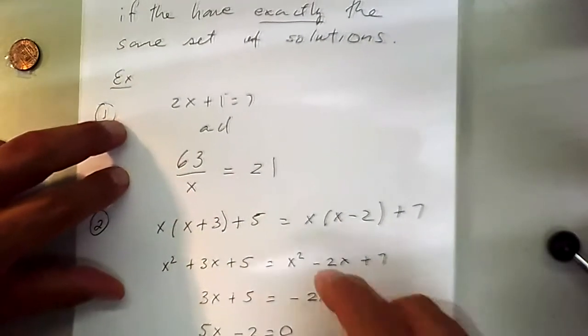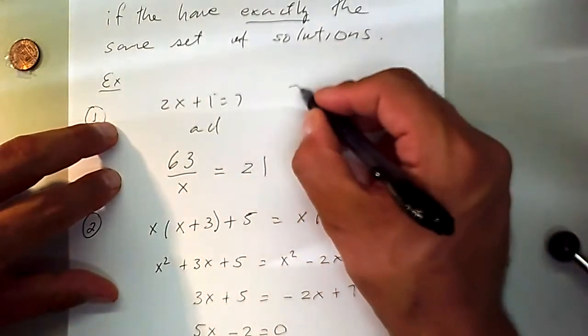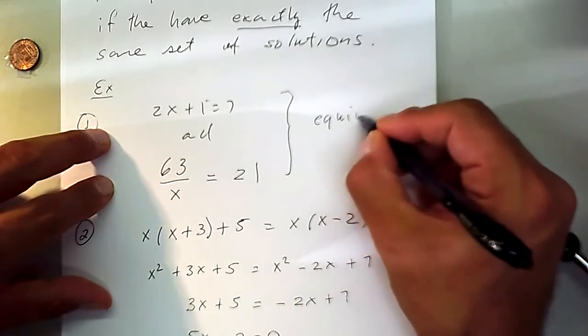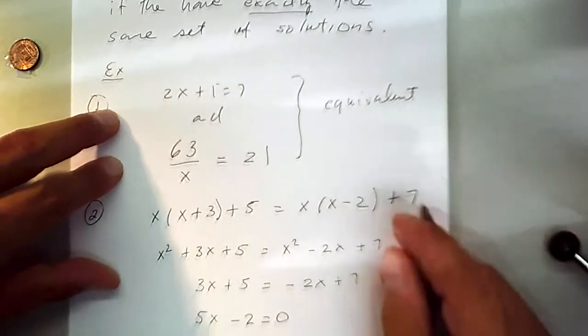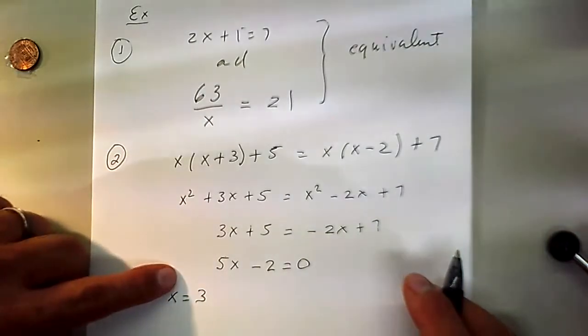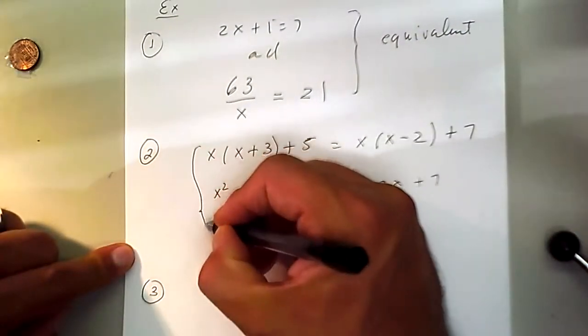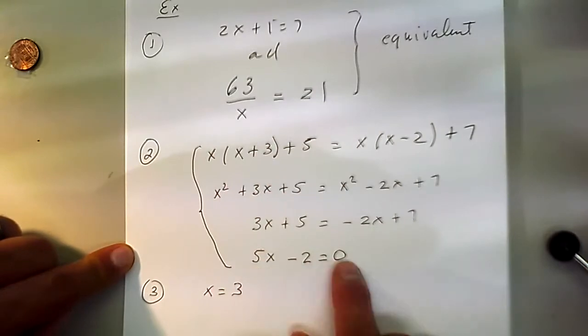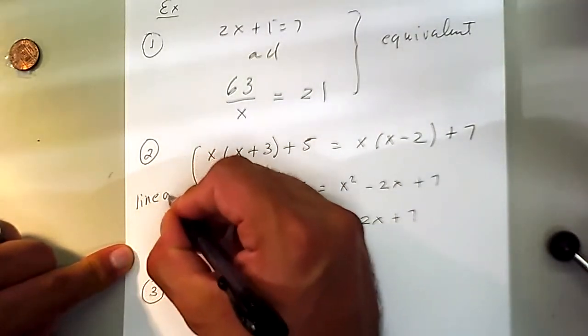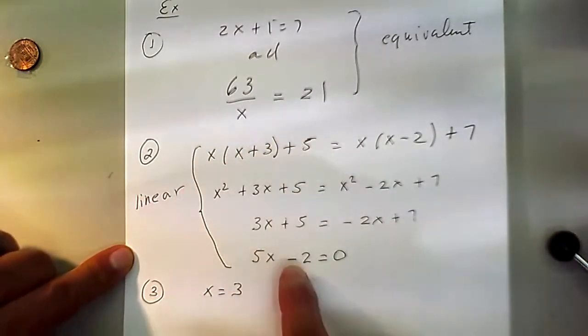The point of the example here is to show two equivalent equations, but also we want to get to the point of linear. So in a way, linear is the important topic of this example.